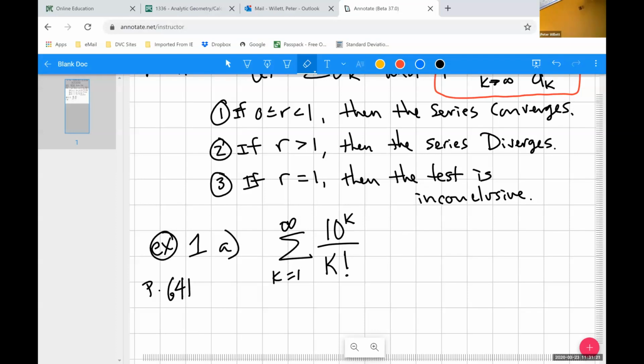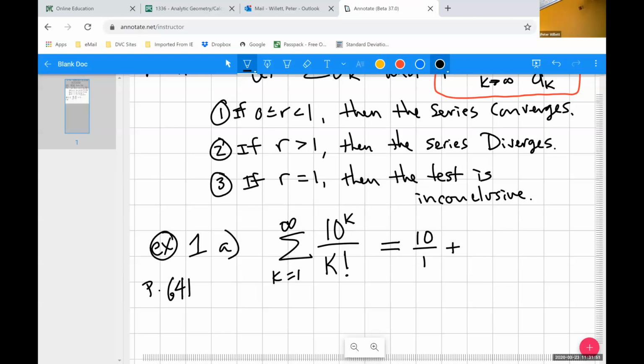This is a good example where, thinking about the series we're given here, all of a sudden all of the work that we did up to this point for our tests becomes unusable. Now, let's just try to visualize what's going on here a little bit, and then I'll throw the test in, just to get used to the notation. If k is 1, I have 10 over 1 factorial, which is 10.